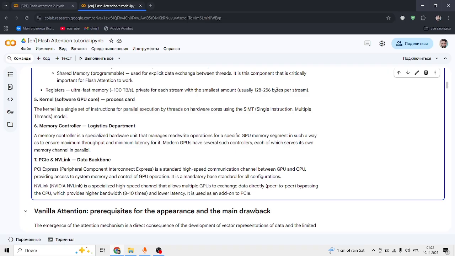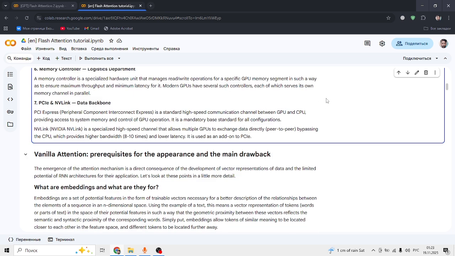This is a specialized hardware unit that manages read-write operations for a specific GPU memory segment in such a way as to ensure maximum throughput and minimum latency for it. And modern GPUs have several such controllers, each of which serves its own memory channel in parallel.